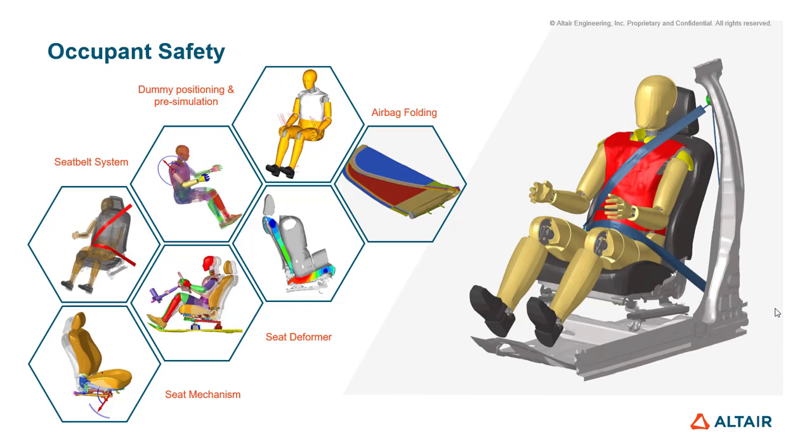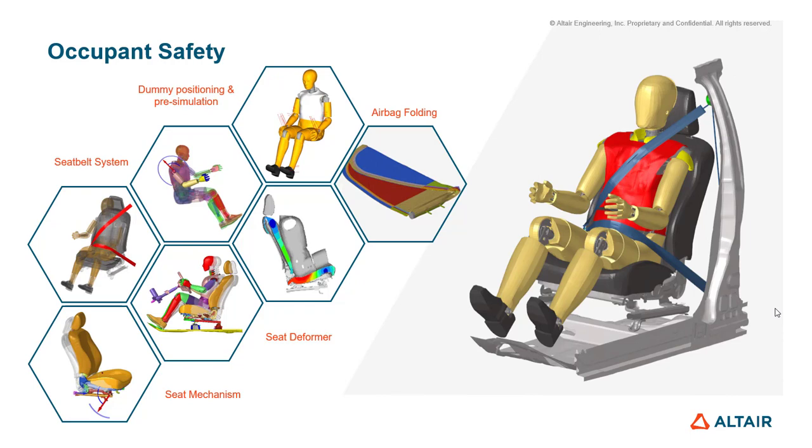The next step would be seat deformer, where you want to remove the intersection between the occupant and the foam of the seat. So there are two ways to do this. You can do it for the complete seat or you can deform just the foam.